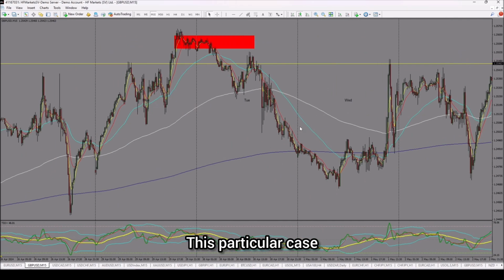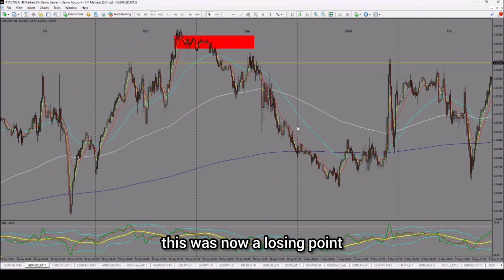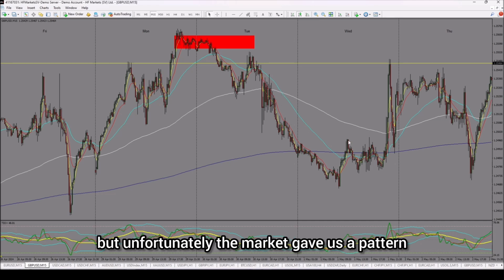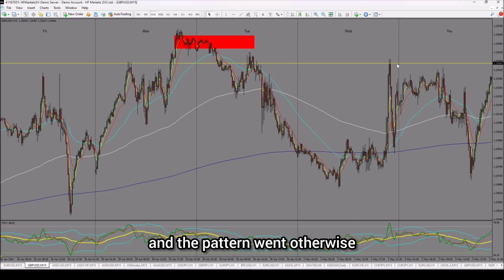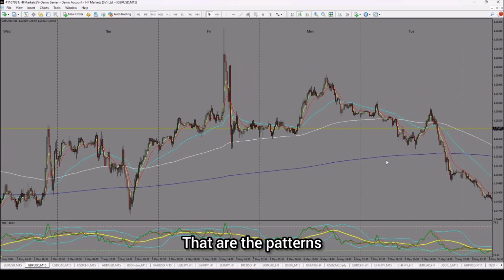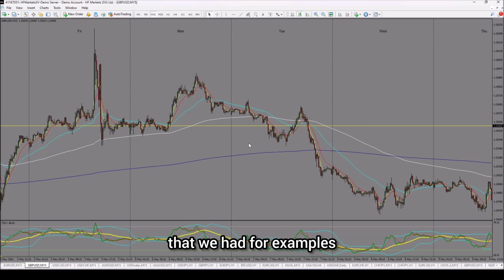In this particular case, this was a losing point where we can see a crossover was issued, but unfortunately the market gave us a pattern, but the pattern went otherwise. This is something that occurs within the markets. We cannot expect to win each and every time. Those are the patterns that we had for our examples.